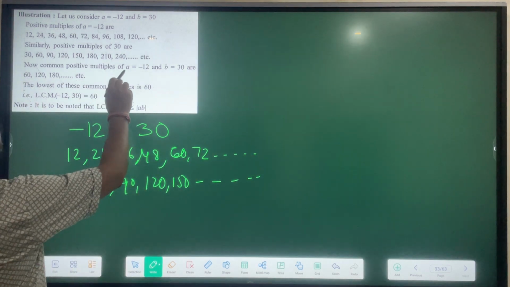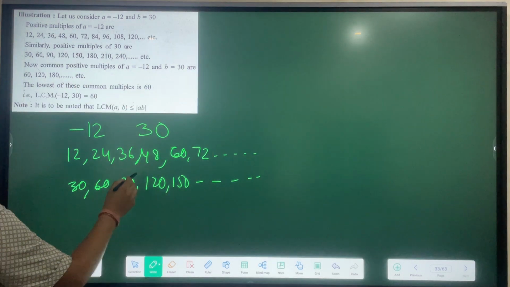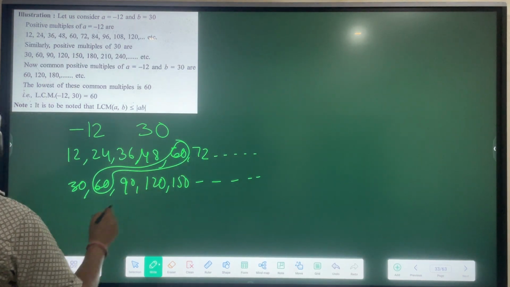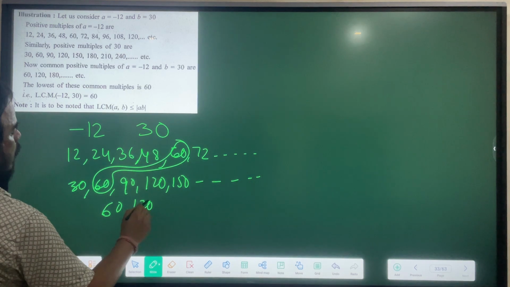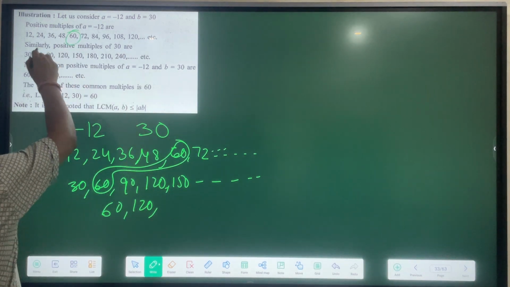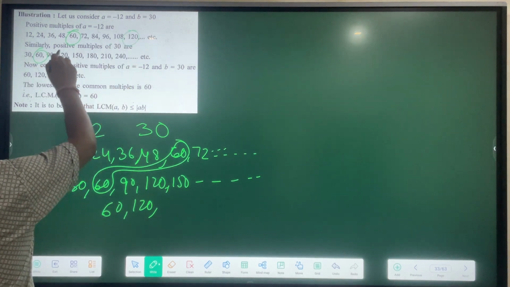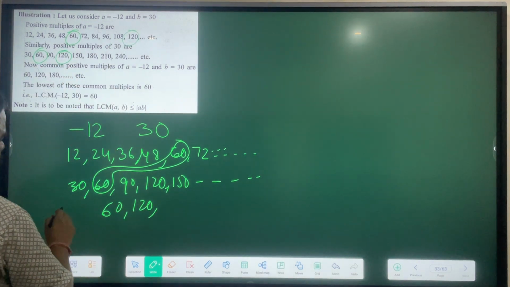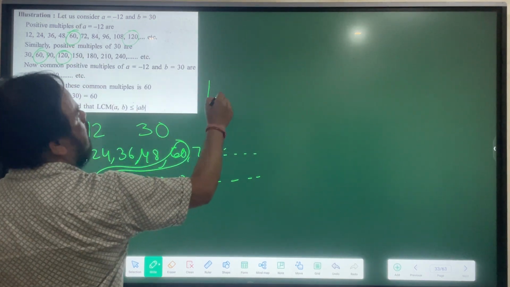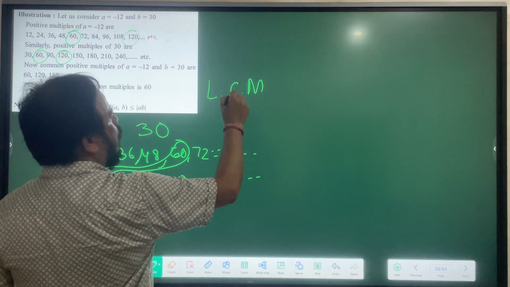Now common positive multiples of A and B are 60. Then next we will get 120. We will go on getting these. See, 60, then 120, writing common. Okay, common multiples. So what is the LCM, lowest common multiple?